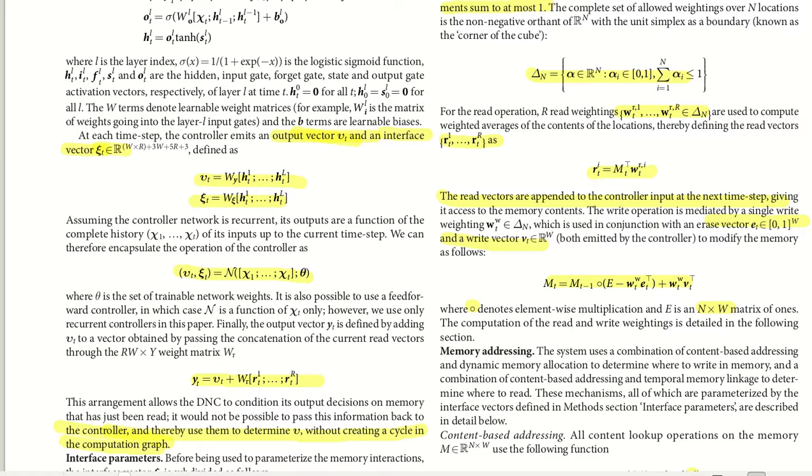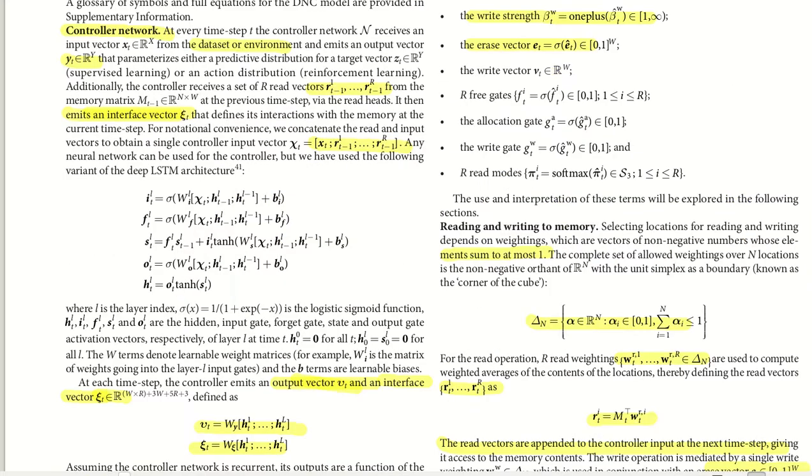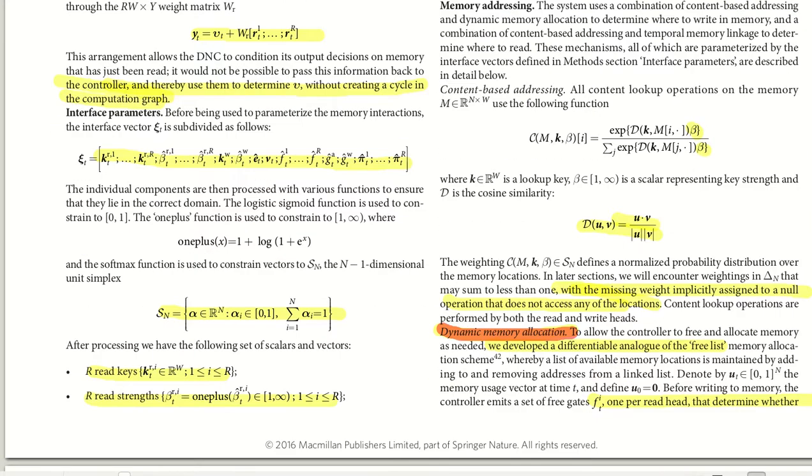This matrix w is a distribution over where to delete, basically. And then this other one is a distribution over what to write, the write vector. All these three things are, as we can see, inputs, so they're part of the interface vector.